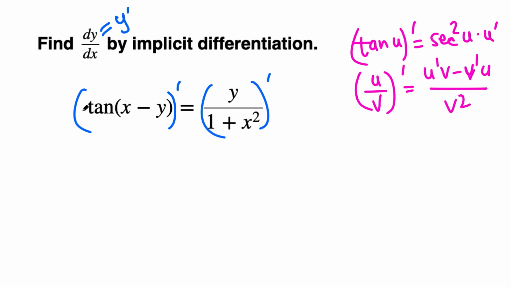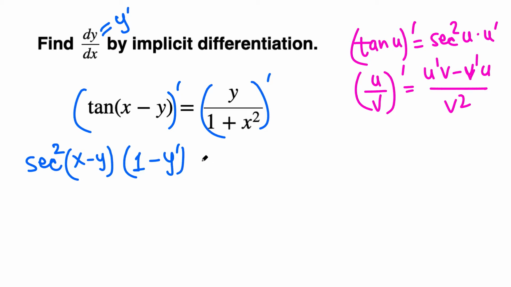Now on the left side, tangent u, so that is secant squared of x minus y times the derivative of x minus y. Okay, that's u prime. So the derivative of x is 1 minus y. The derivative of y is what we are looking for. That's the y prime. Okay, this is the derivative of y with respect to x.